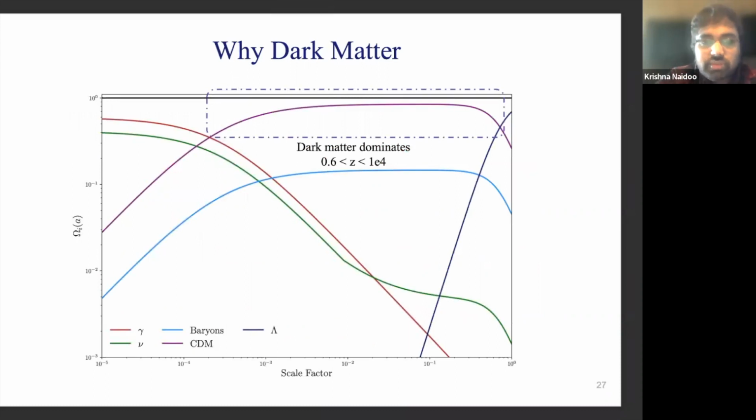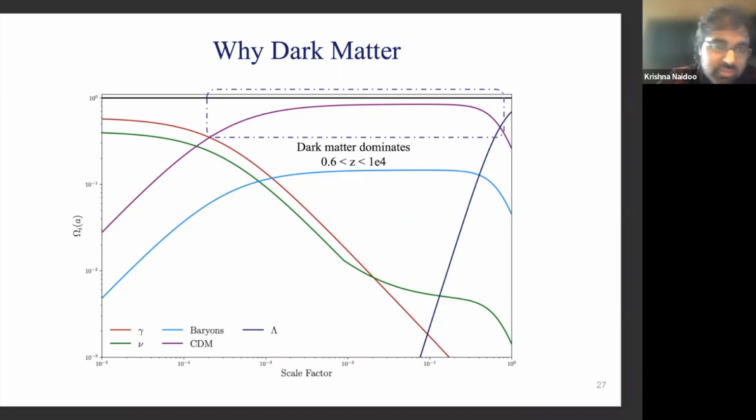Also, another factor in my thinking here is that dark matter dominates most of the universe's history. So if you're going to influence things like the Hubble constant and the sigma 8 value, it seems like a prime candidate.